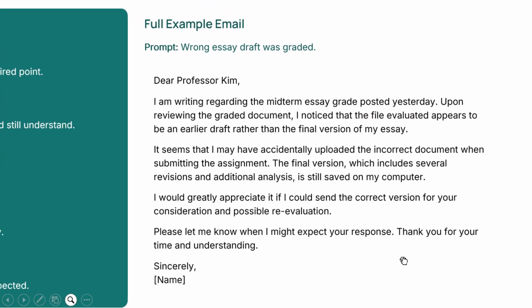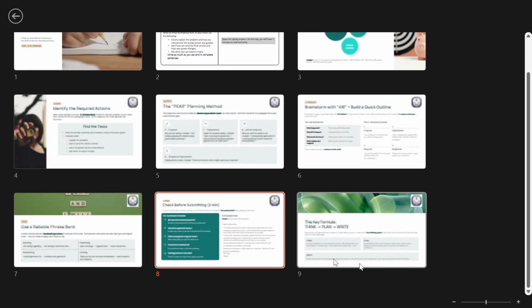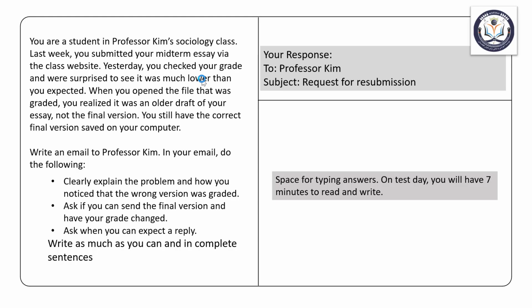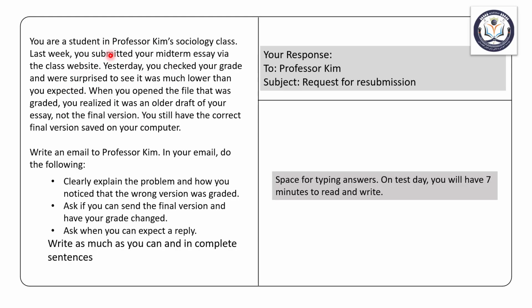We had the prompt, so this is in response to that prompt. Let me go back to the prompt once again and see. This was the prompt, right? So we have noticed the situation. We've read that one. The bullet points, what should we do?